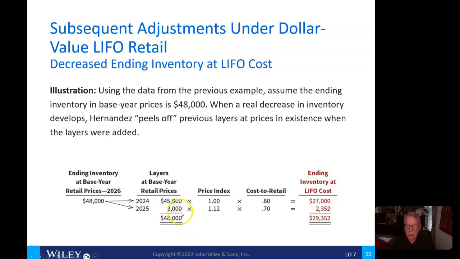So here's the 45,000 that's remained since the beginning of time here. And then the $3,000 price index at 1.12 and the cost of retail for that layer, 70%. So our ending inventory at LIFO cost then would be 29,352.